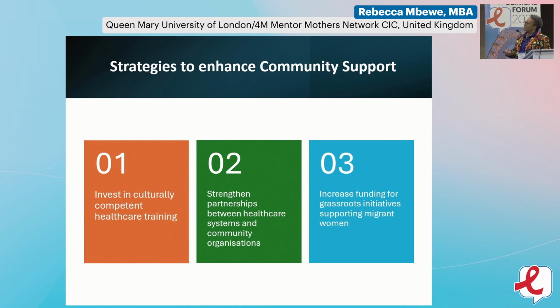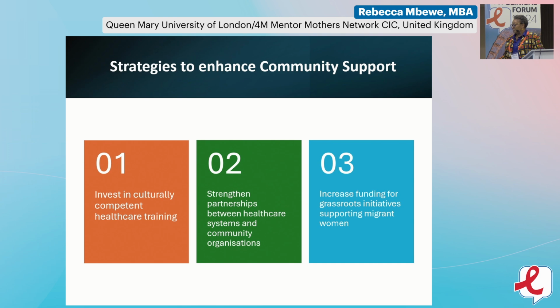So, what are the strategies to enhance community support? And I thought I'd narrow them down to 3. We need to invest in culturally competent healthcare training. I think that's lacking quite a lot in our healthcare system, and that's no dig at the healthcare system, it's just the way things are at the moment.